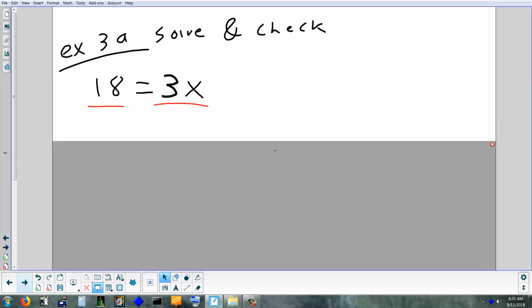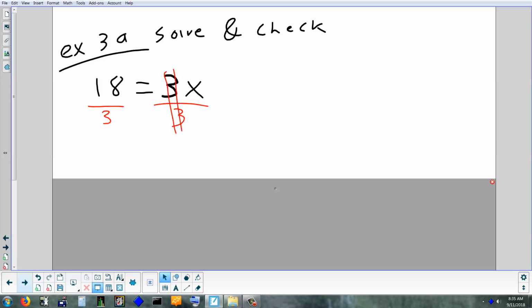And what are we going to divide both sides by to cancel out the 3? Yep, Haley? 3. So we're going to divide by 3 and divide by 3. How about Laura? What's 3 divided by 3? 3 divided by 3 is just 1. Exactly. It's just 1. So we can cross it out.